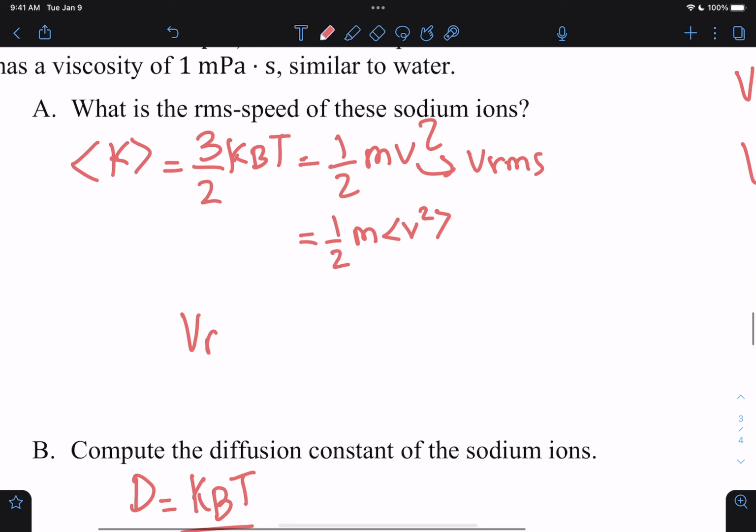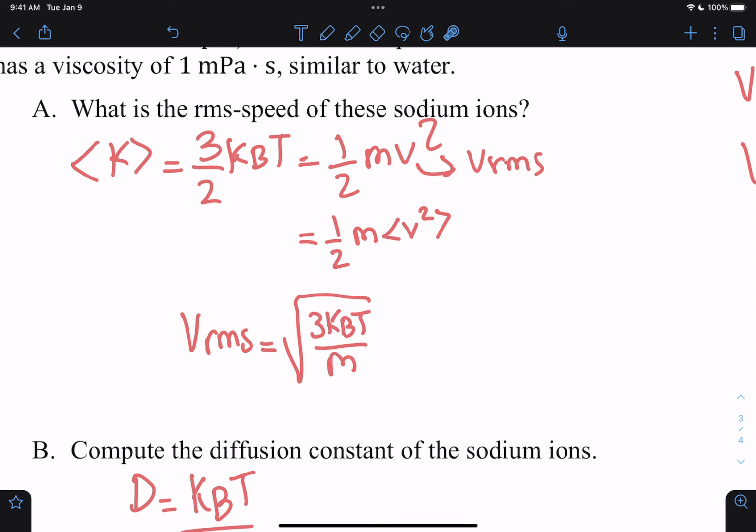So we know that the VRMS, and if you remember from like Gen Chem 2, I think, there's a very quick way to get through all of this, and that's just root 3 kBt over m. So that's after doing everything, but basically the way to get that is you multiply it over 2 here.